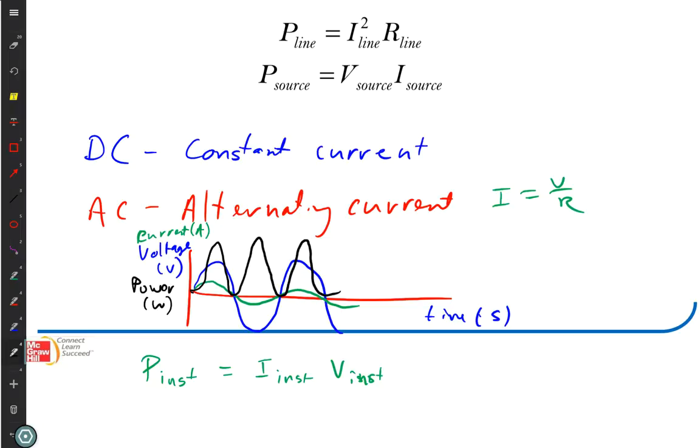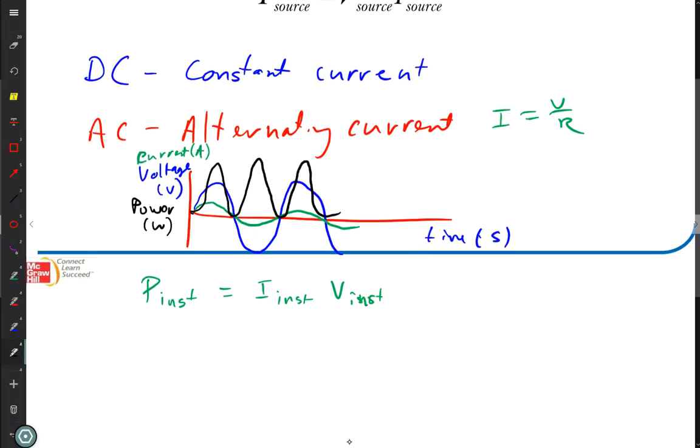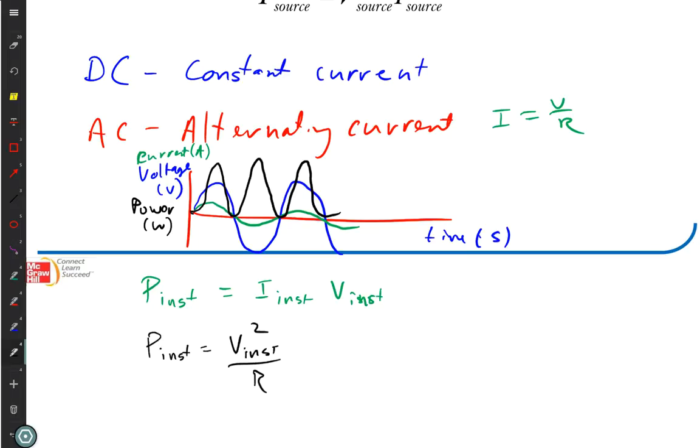So the power, using Ohm's law to substitute for I, is voltage squared over R. So I plotted voltage squared.